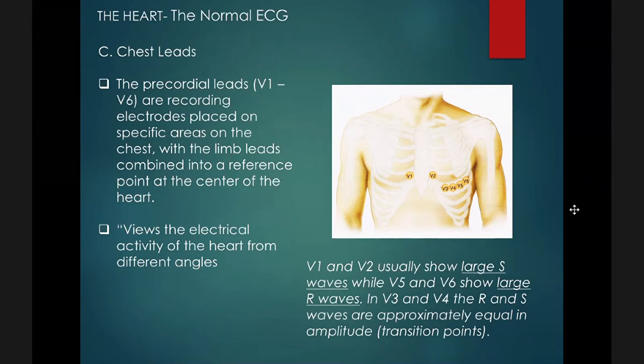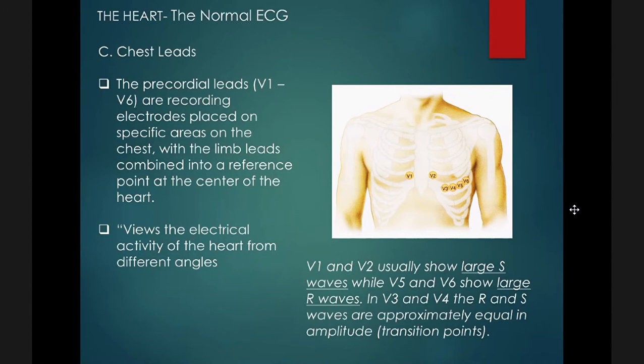Common mistakes among nurses: they sometimes put V1 and V2 at the second intercostal space, and V3 to V6 at the fourth intercostal space. That causes changes in your ECG, and then it becomes hard to analyze. And sometimes when there are changes in the limb leads, you get different pictures and become confused.